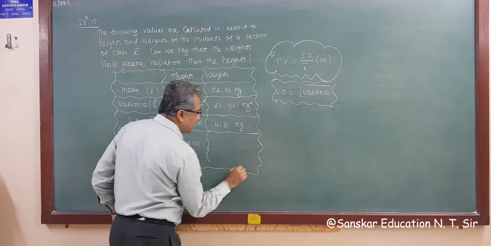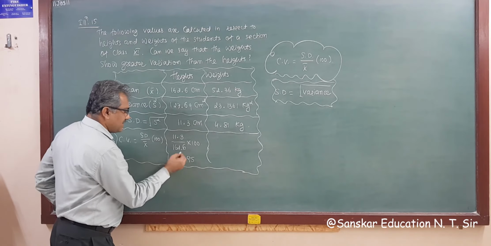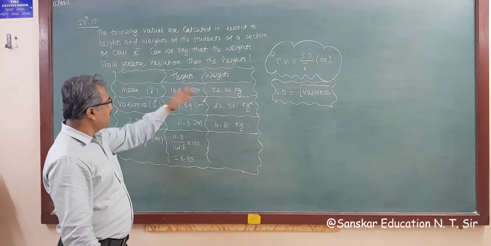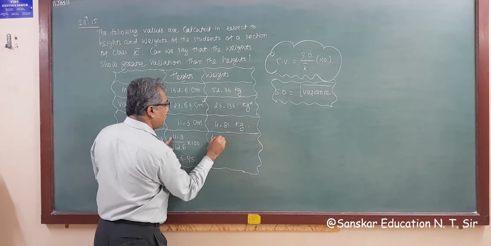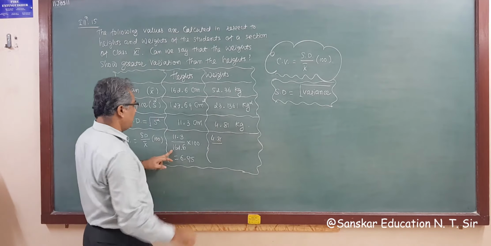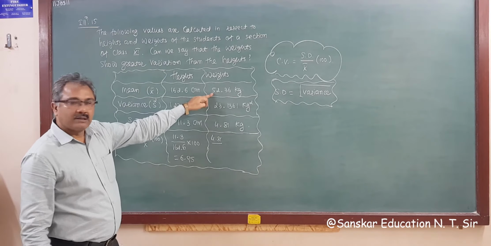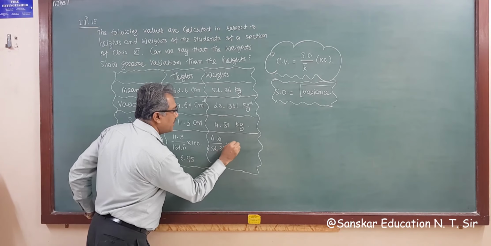You have to calculate using a calculator or orally, whatever is suitable for you. Now for weight, CV is 4.81 upon x bar, which is 52.36, into 100.